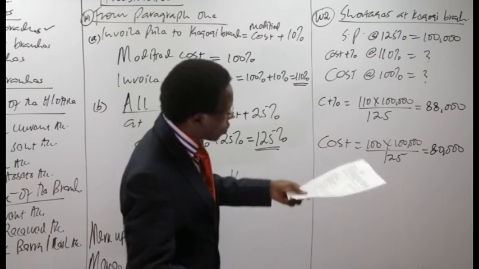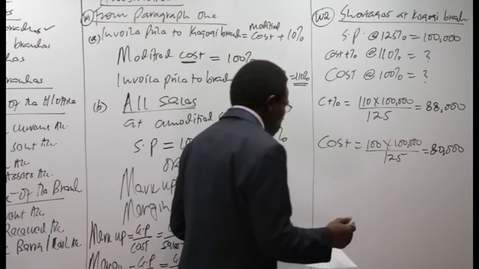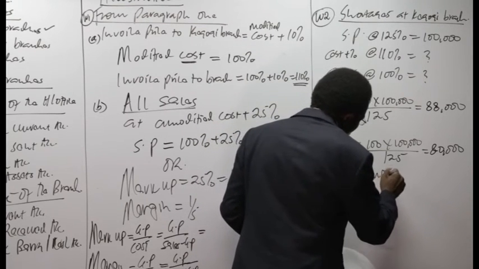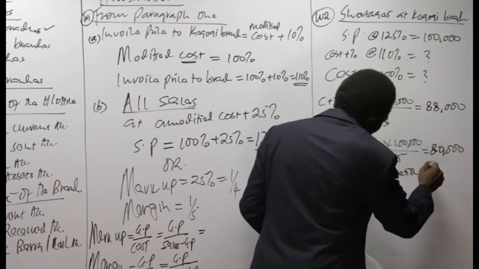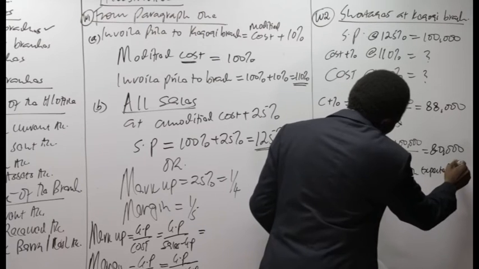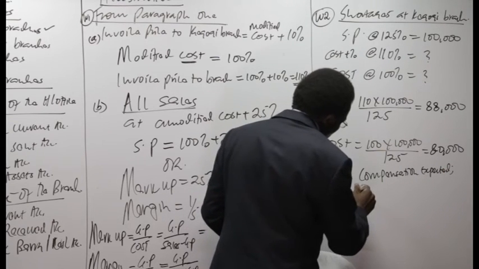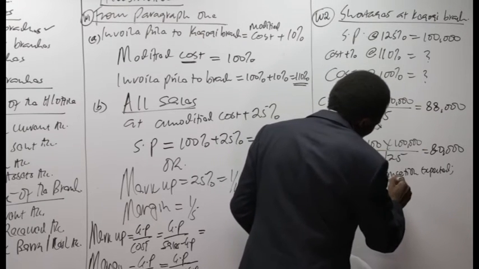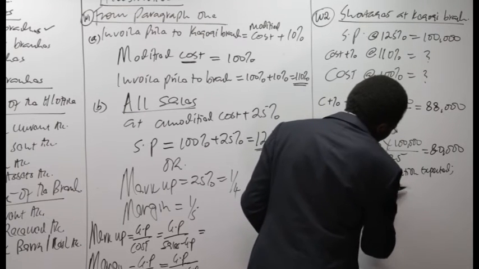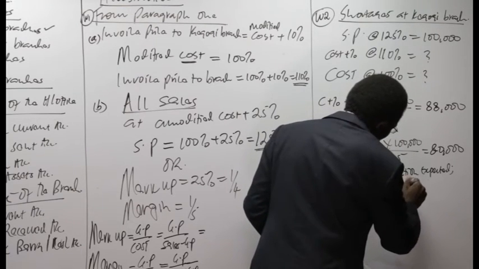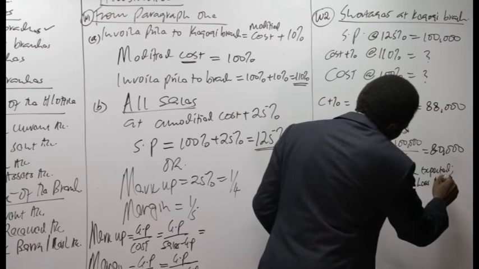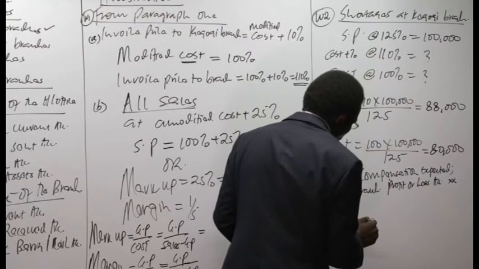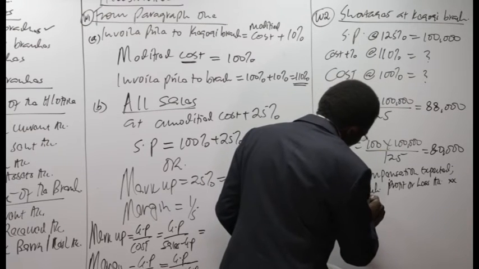And maybe I could say this, as part of revision. A: if no compensation is expected, debit our branch income statement, or let me just say profit or loss, then you credit your cost of sales.